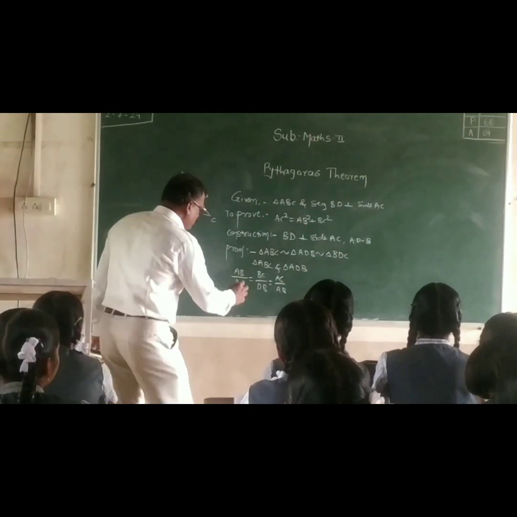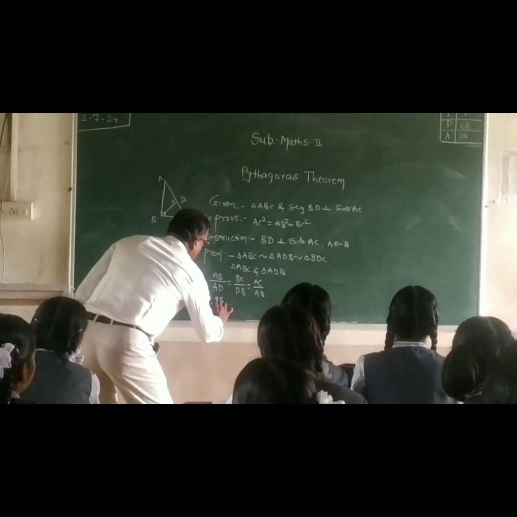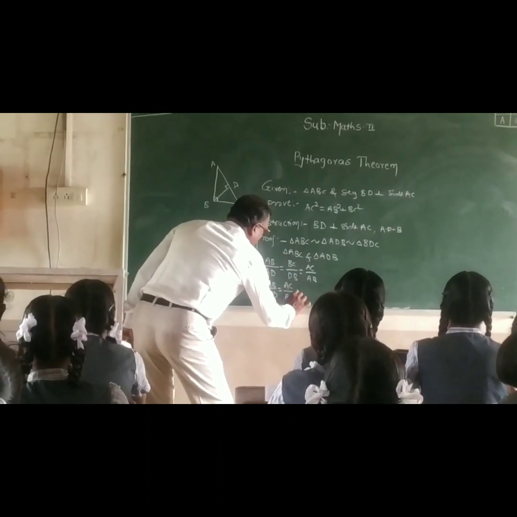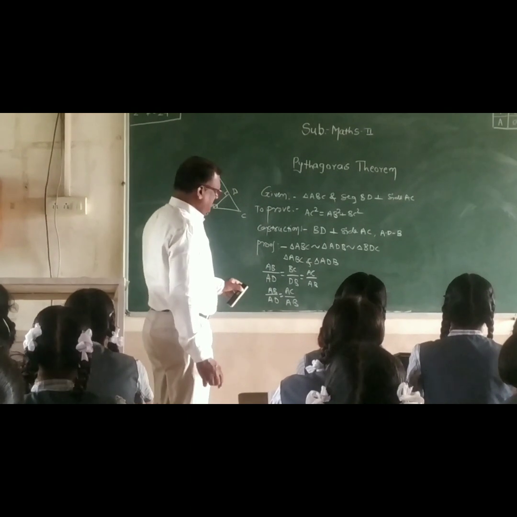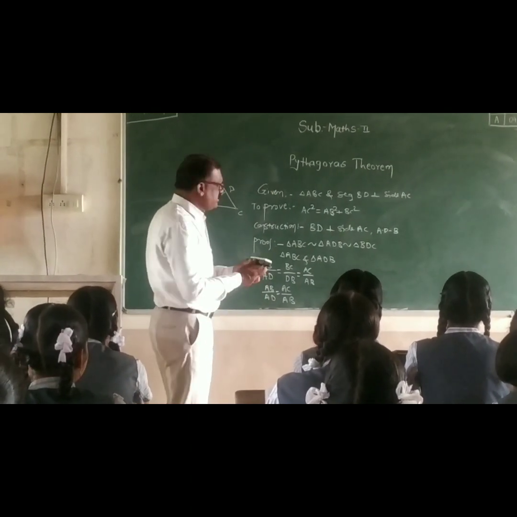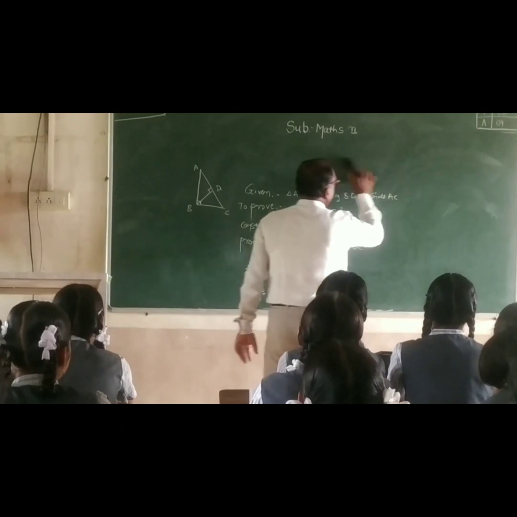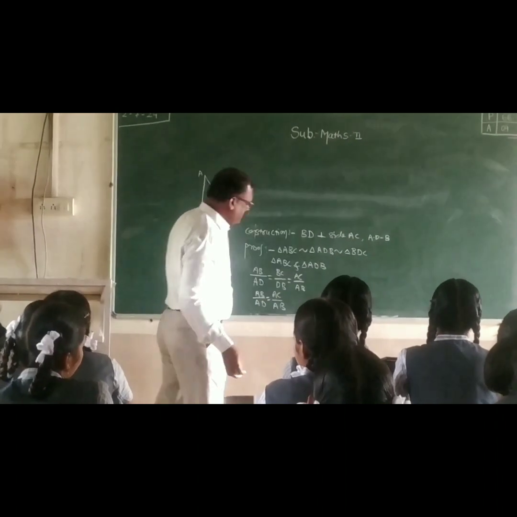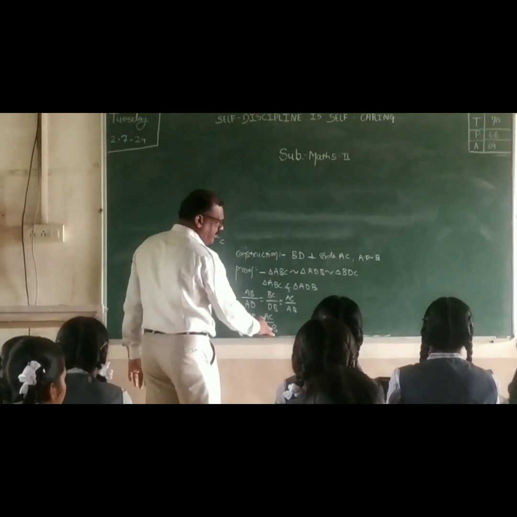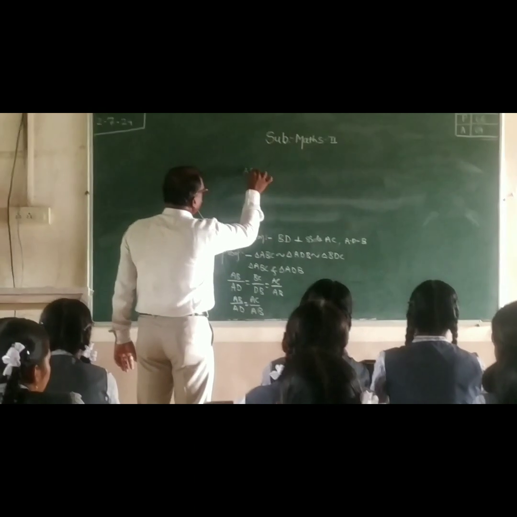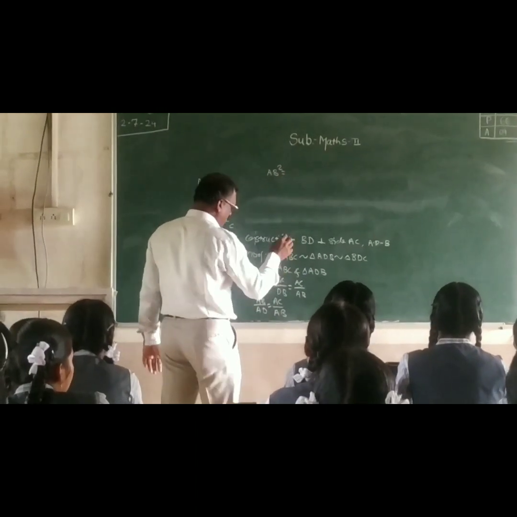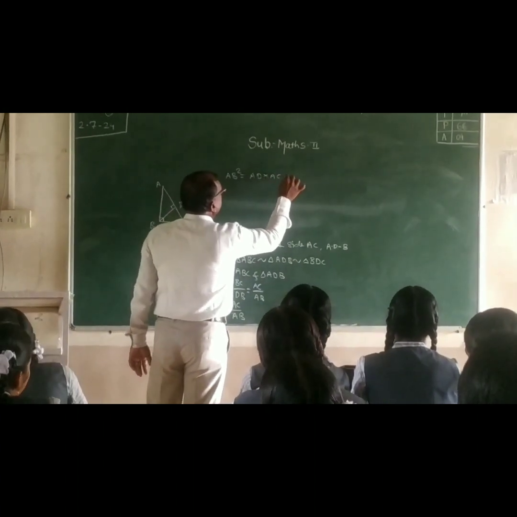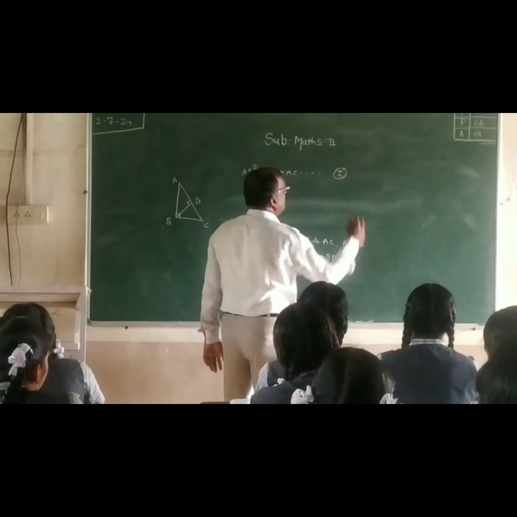Now take two sides only: AB upon AD is equal to AC upon AB. By cross multiplication, AB square is equal to AD into AC. Consider that equation number 1.